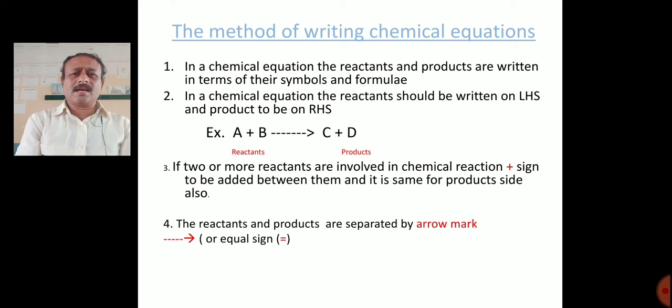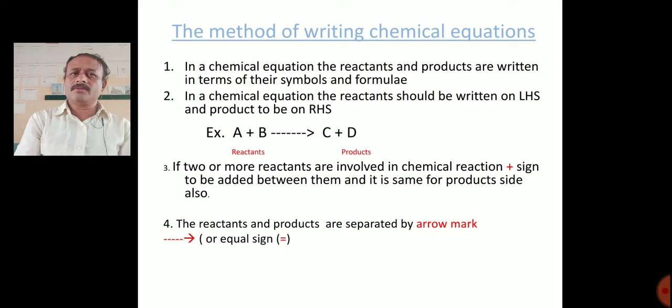Now we will go to the next point, the method of writing the chemical equation. We have to follow some steps while writing chemical equations. The first one is that in a chemical equation, the reactants and products are written in terms of their symbols and formulae.